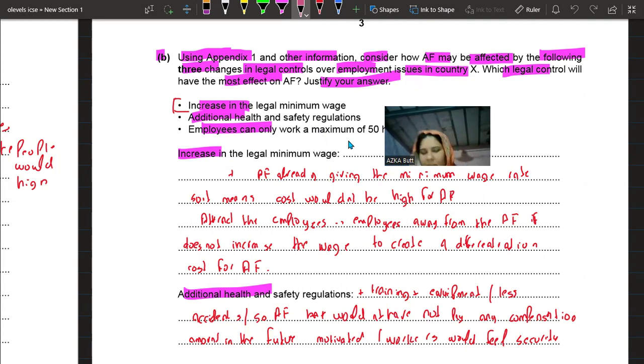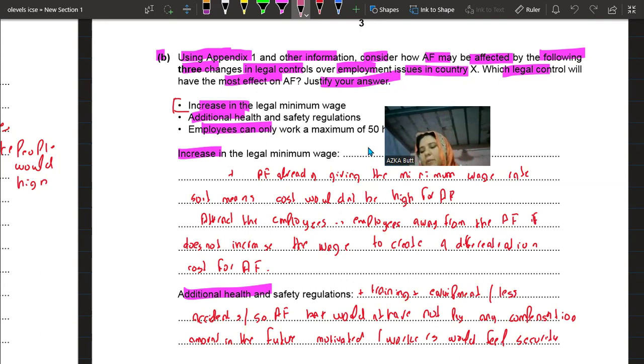It means that maybe you need to work for 60 hours, but now you are limited to 50 hours. If we divide 50 hours by 7, you will get 7 point something. So each worker will work only about 7 hours.